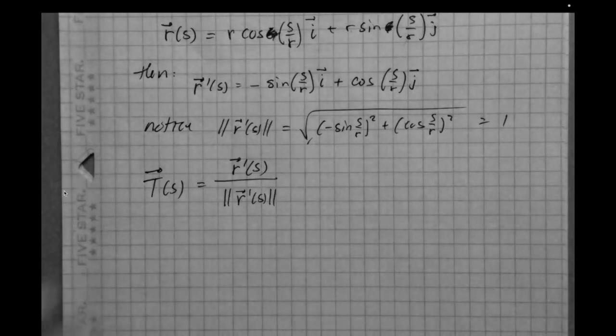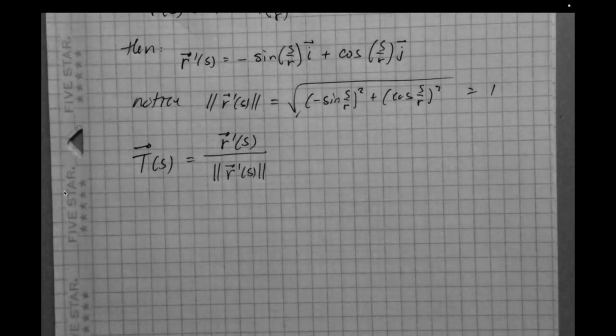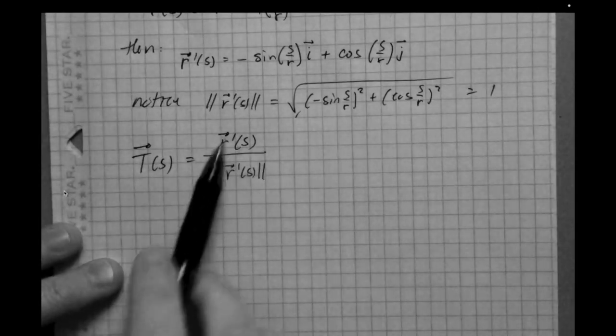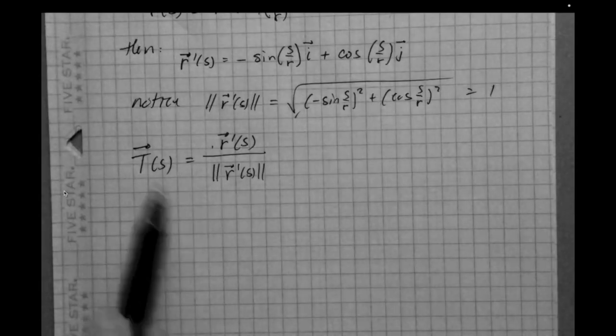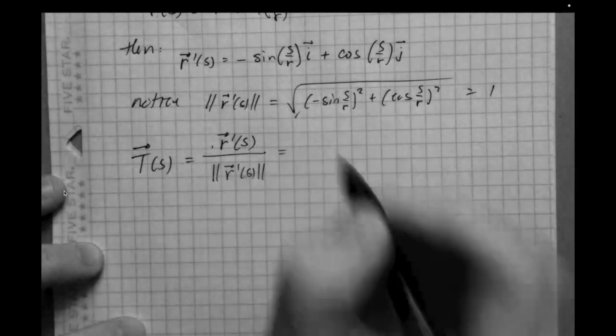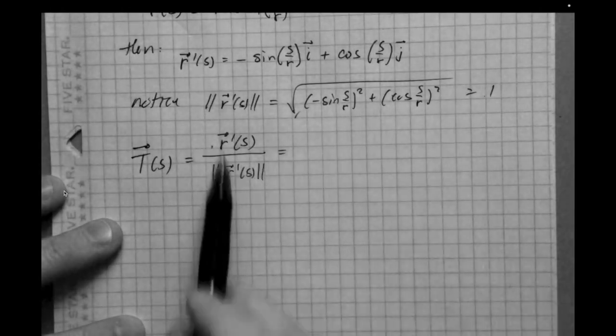Okay, and so to find an expression for the unit tangent vector, we need to take the derivative of r and then divide that by the norm of that derivative. This is relatively easy to do because the norm is 1, so basically it's just the derivative.